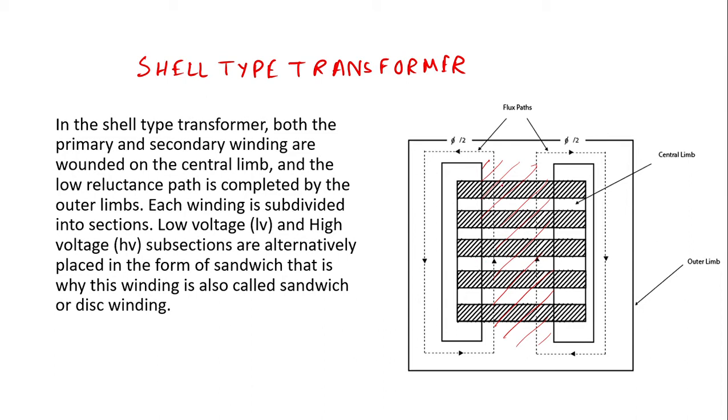So if this is a high voltage section, this must be a low voltage section, so that it forms a sandwich of the low voltage and the high voltage windings, right? This kind of winding is also called disk winding, right? And it produces a free pathway for the flux to flow.